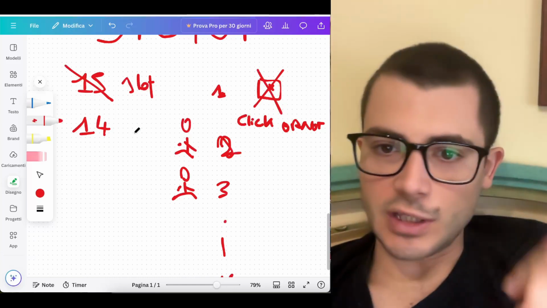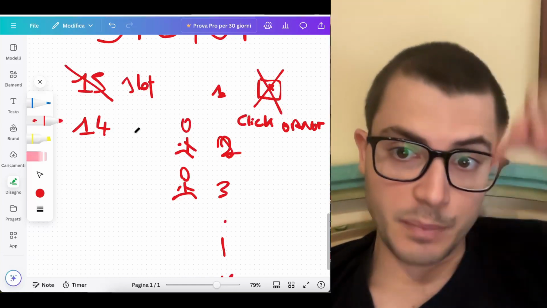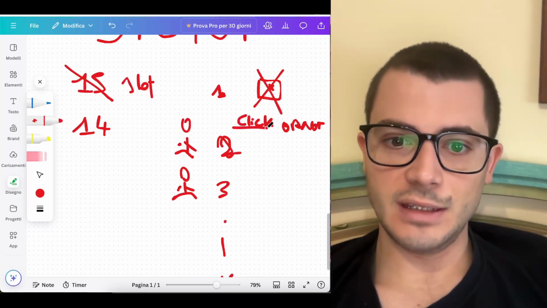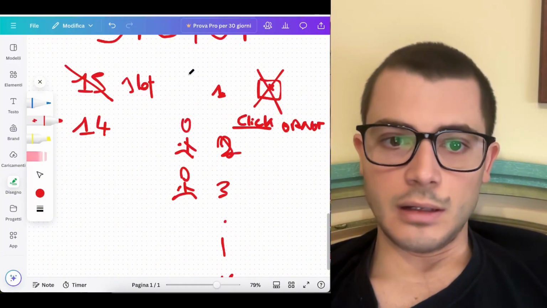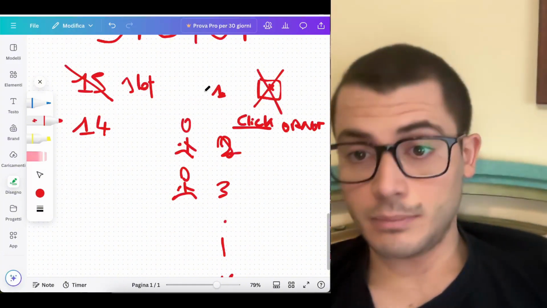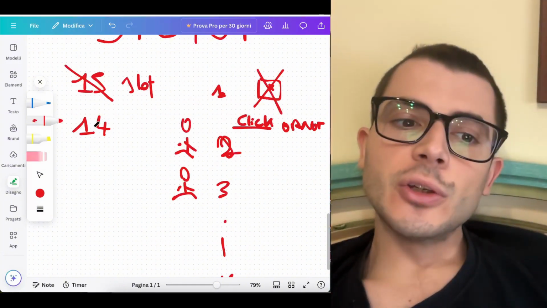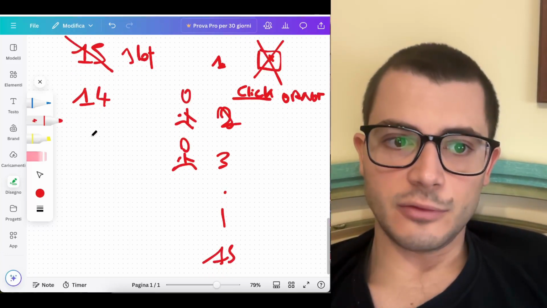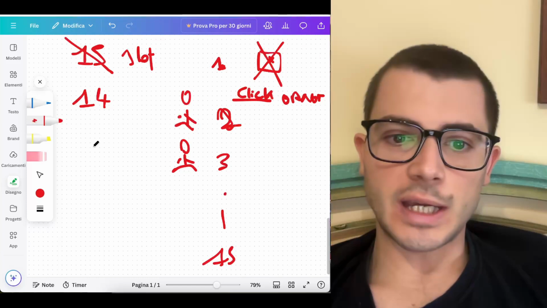Why? Because otherwise you risk spending more than your daily budget. So the person has clicked and left, and you have 14 slots remaining for the day.